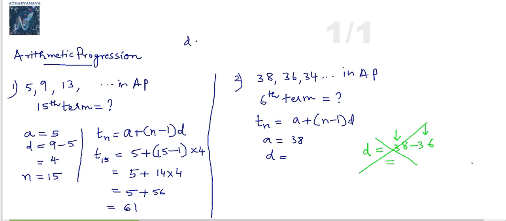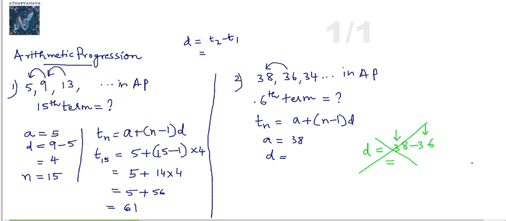We need to write in the same way as we learnt earlier. If you check my previous class, you might have seen the common difference is always T2 minus T1 or T3 minus T2, isn't it? Which means it should always be the second minus first.